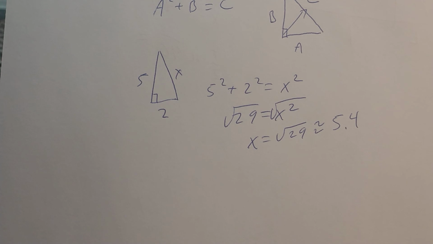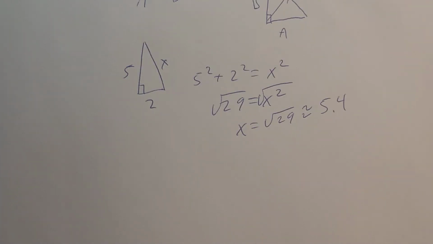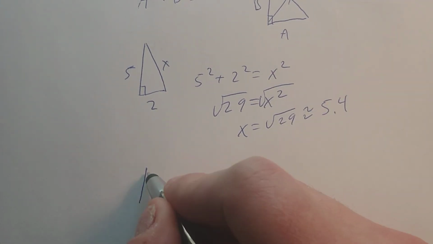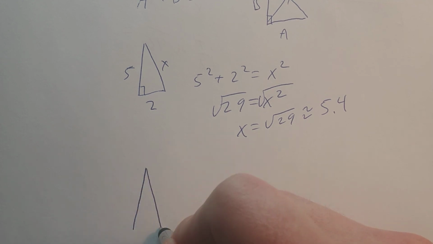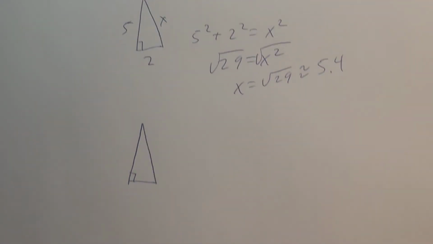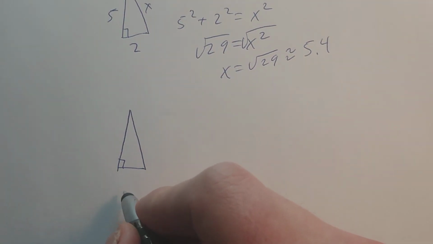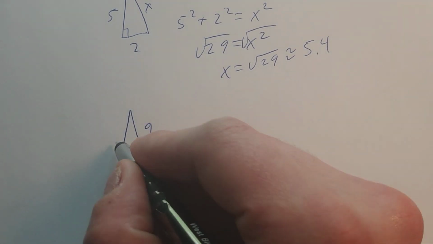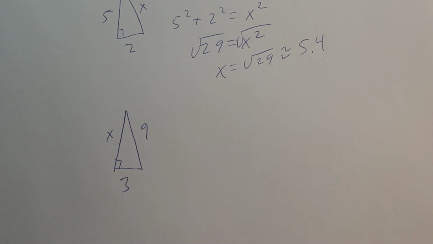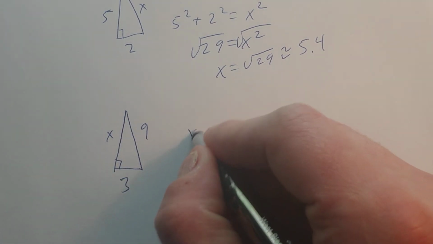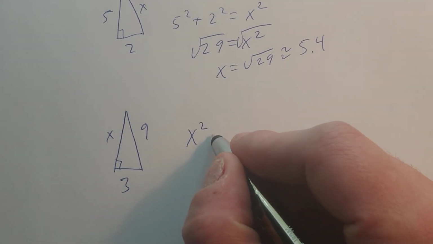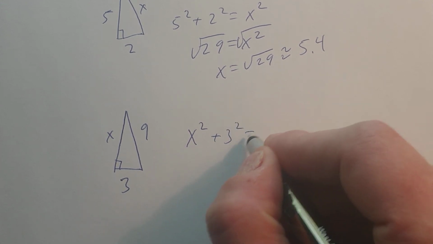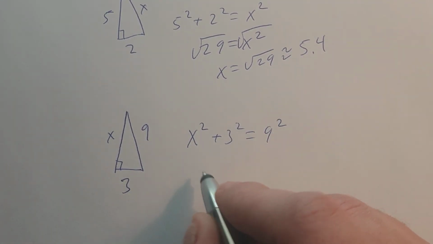And then if you wanted to figure out a leg, so if I was given a triangle like that, and I knew that this was, let's say this is 3 and let's say that's 9, and then I want to find that leg, I'd have the variable on the left side, so it'd be x squared plus 3 squared equals 9 squared.